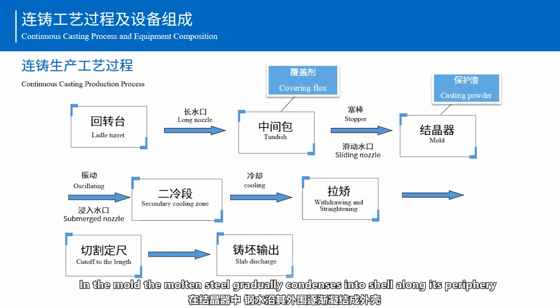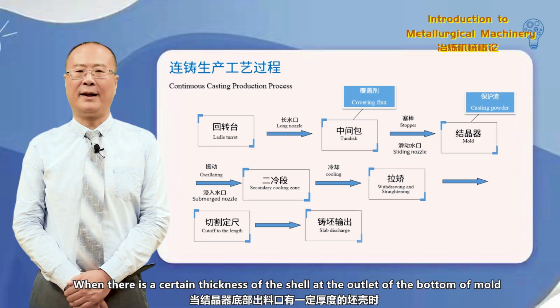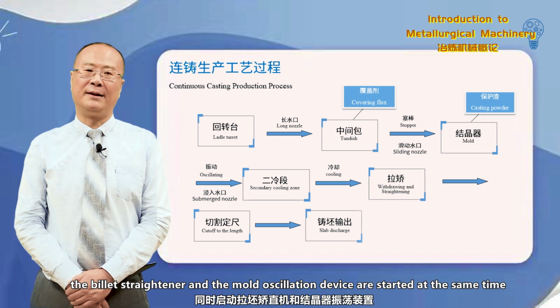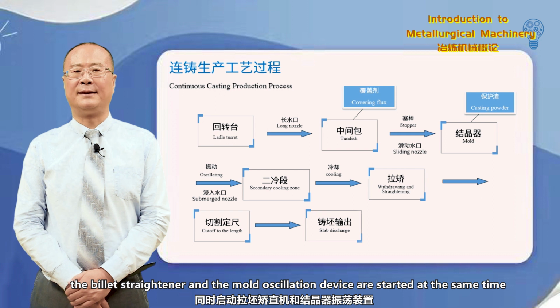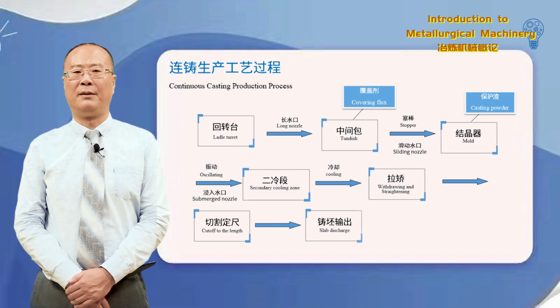In the mold, the molten steel gradually condenses into a shell along its periphery. When the shell has a certain thickness at the outlet at the bottom of the mold, the billet straightener and mold oscillation device are started at the same time.